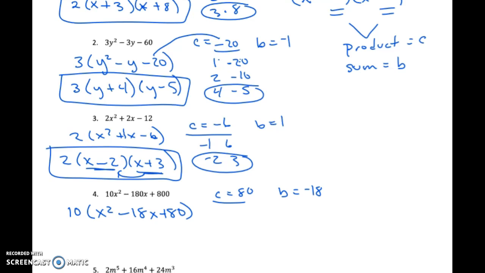In this case, I have c equals positive 80. And when c equals a positive number, that means the two numbers that multiply together have to be the same sign. I notice here b is negative 18, so if the two numbers are the same sign and they add to a negative, they must both be negative. So I'm looking at negatives as my factor pairs.